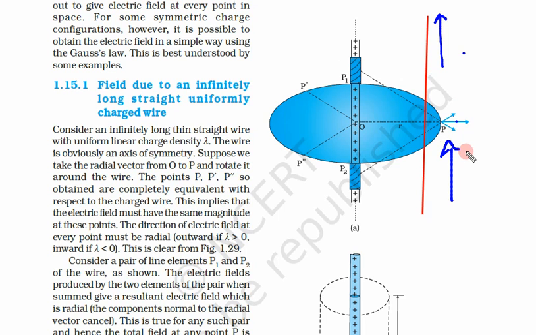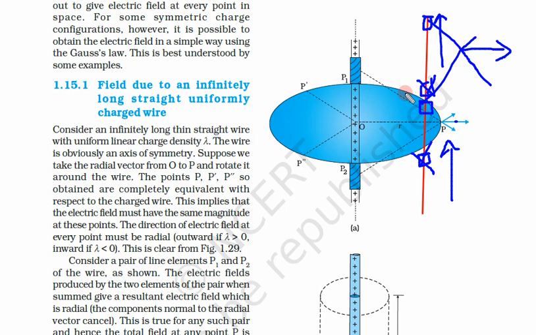What I said is that if point P is shifted from here to here, the elements which were, let us say, here and here will also shift. So the position of P does not matter, as well as the direction.